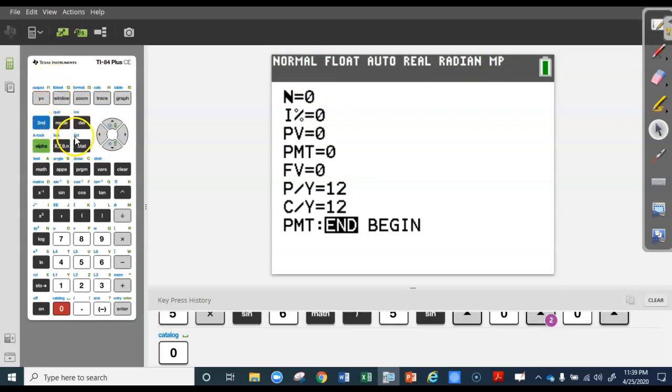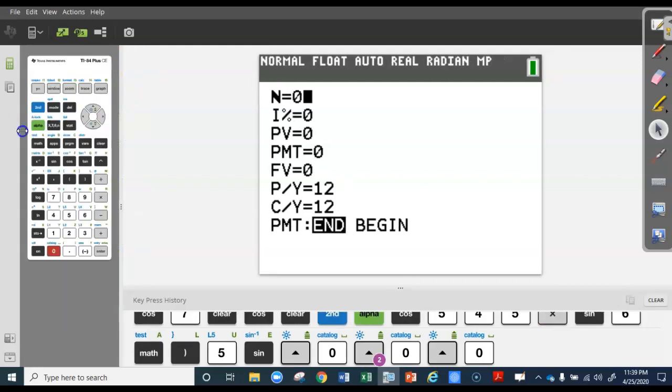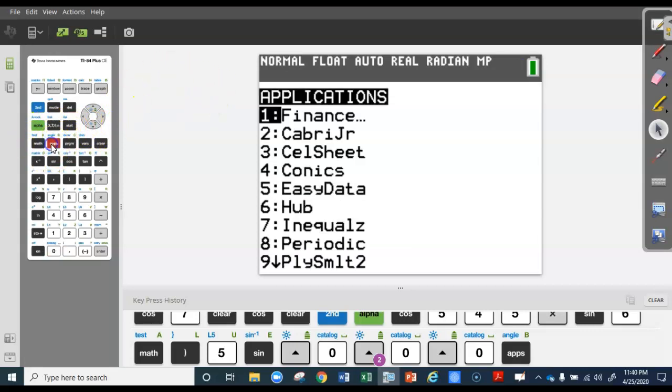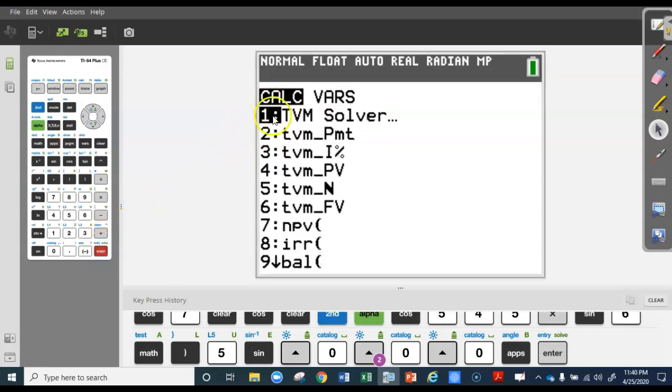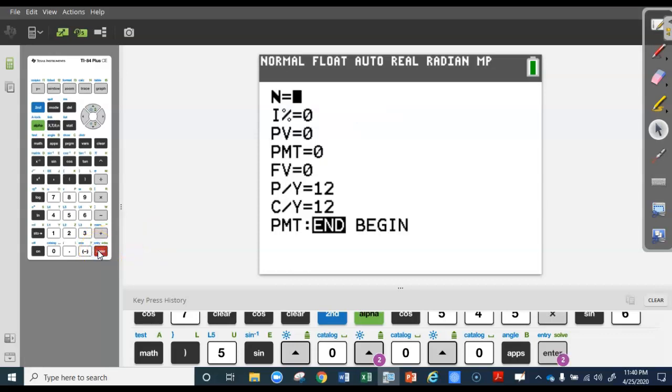I'm over in this area, over here where it says apps. So the first thing I'm going to do is click on apps, and then finance is number 1, so I'll select enter. I want finance apps, so I'll hit enter. We're always going to use the TVM Solver, so I'll hit enter for that.